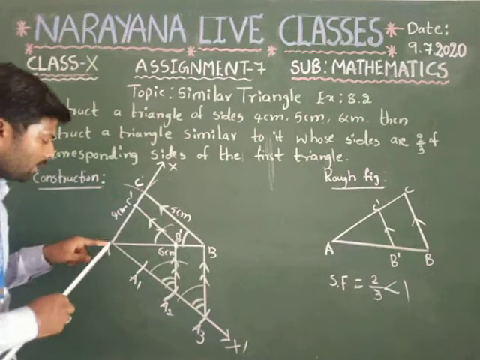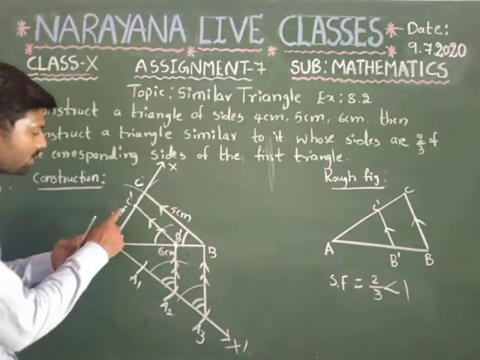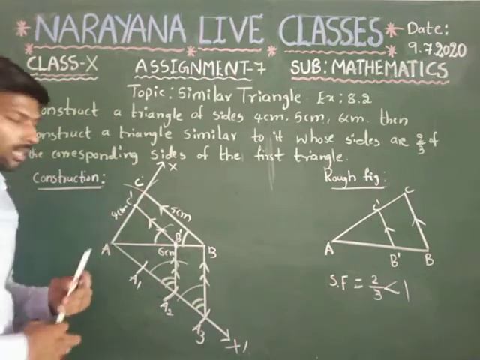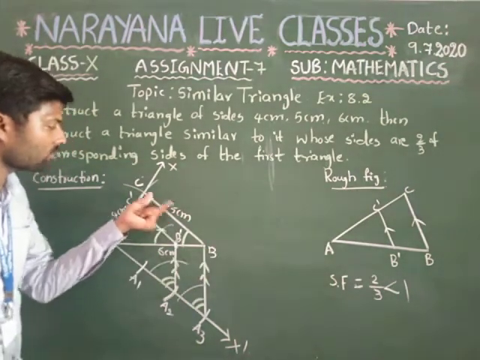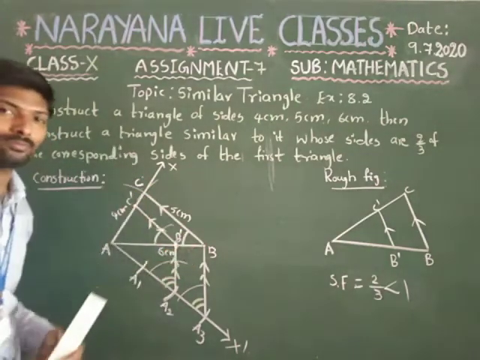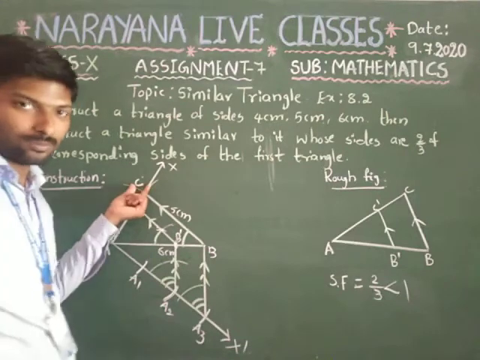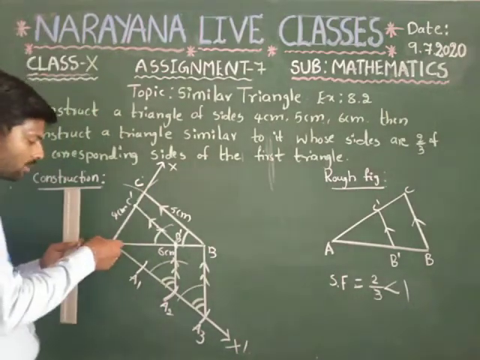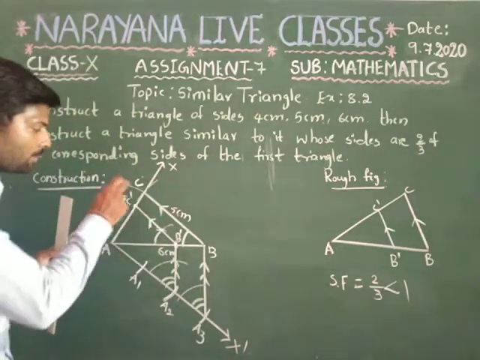Again, take point A as center with radius 4 centimeters and draw an arc. Again with center B and radius 5 centimeters, draw one more arc. The point of intersection of these two arcs is taken as C. Now join points A and C and B and C to form the basic triangle.